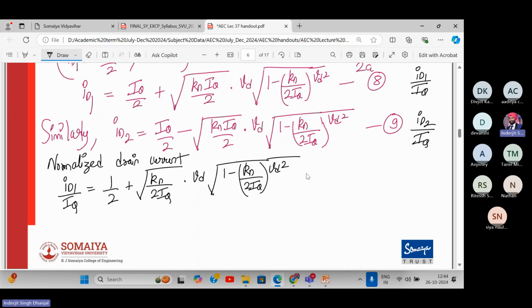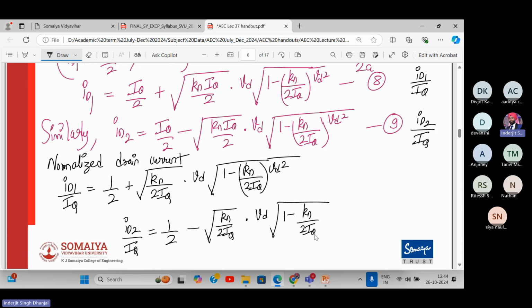That is what we get. And what will be ID2 divided by IQ? It will be half minus this term, same term will come. Kn upon 2 IQ into Vd into square root of 1 minus Kn upon 2 IQ times Vd square. Okay, so these are equation number 10 and 11.